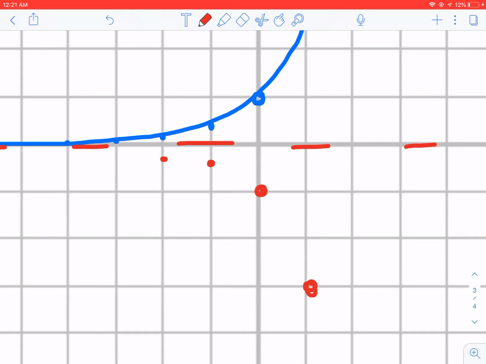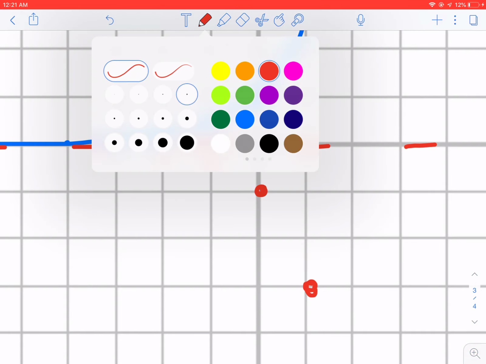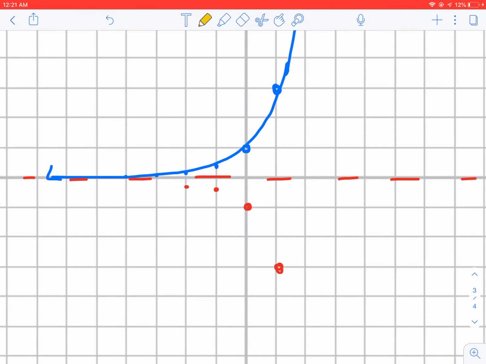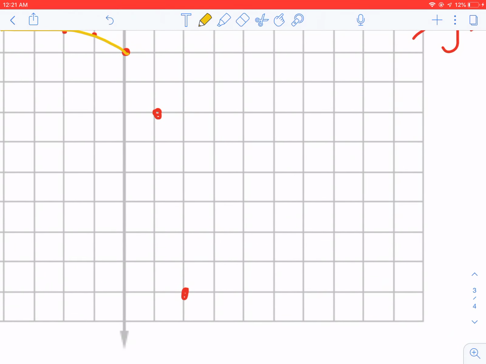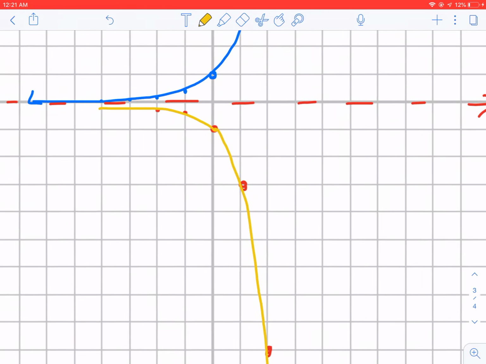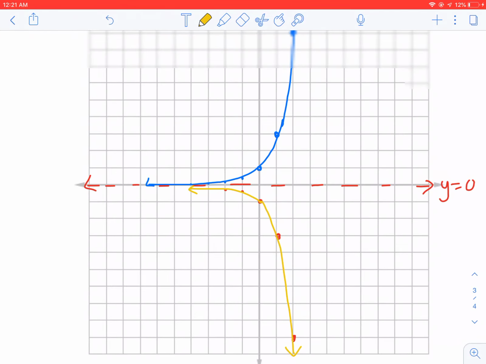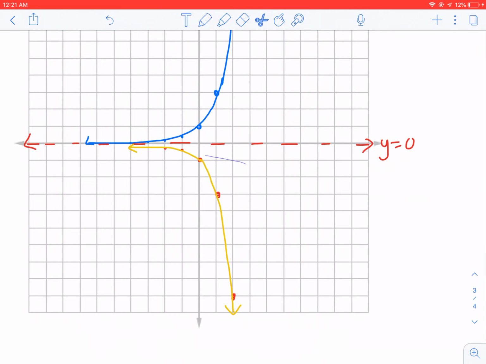Alright. Change colors, going to go to yellow. Connect the dots. And again, that's the negative version.